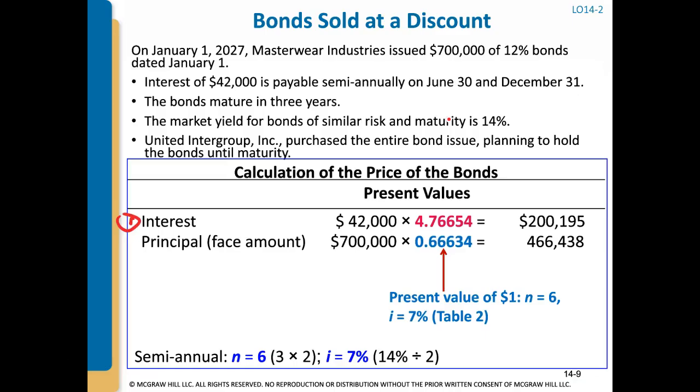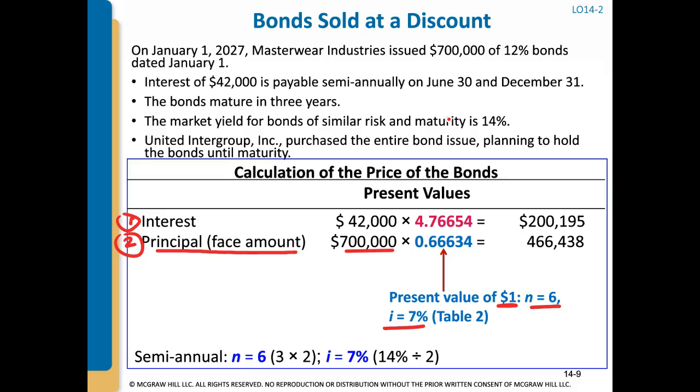So that was one. The second portion of calculating the price is you have to take the present value of the principal or the face value, which was $700,000. I would go to my present value of a dollar table using n equals 6, i equals 7%. Again, the 7% is half of the market rate because we have payments twice a year.